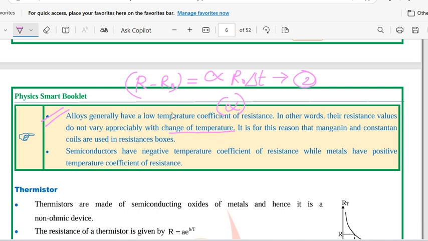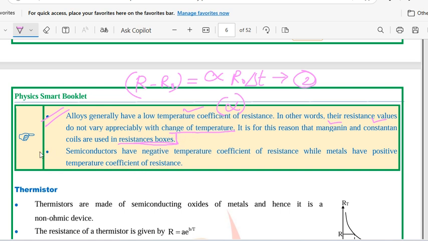It is for this reason that manganin and constantan coils are used in resistance boxes.